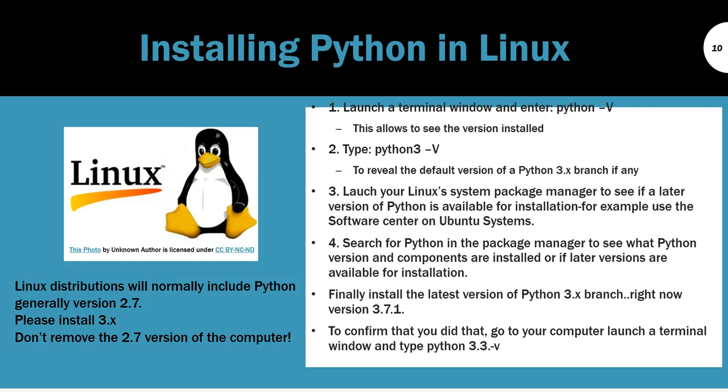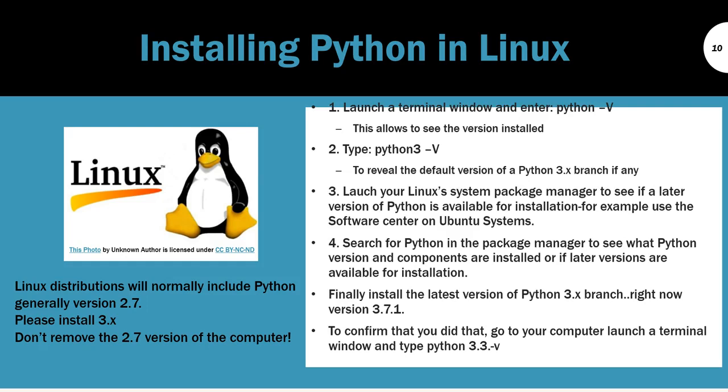And finally, install the latest version of the Python 3 branch. In this case, it's Python 3.7.1 or Python 3.7.2, which is the latest version at the time of this taping.